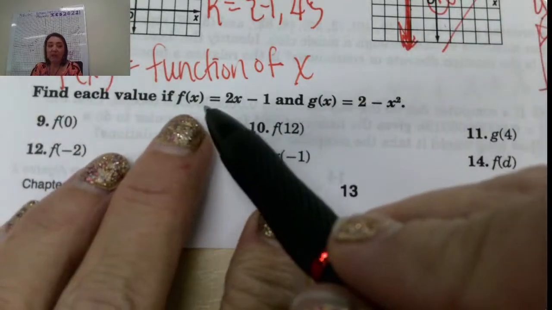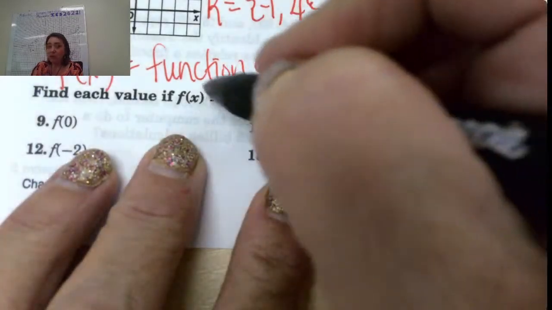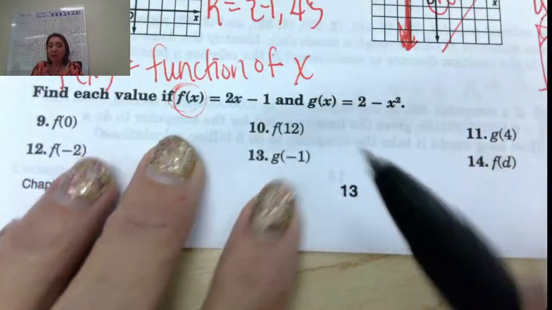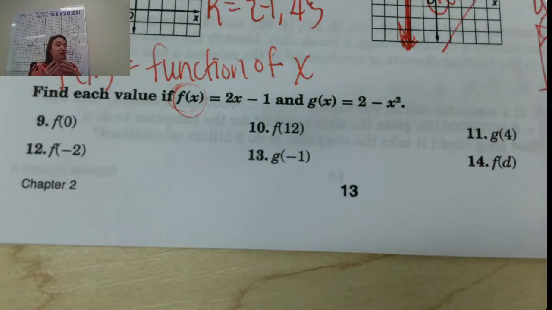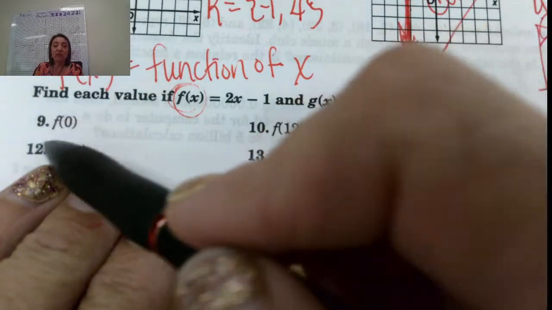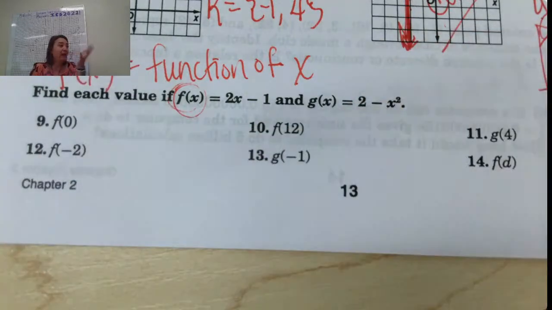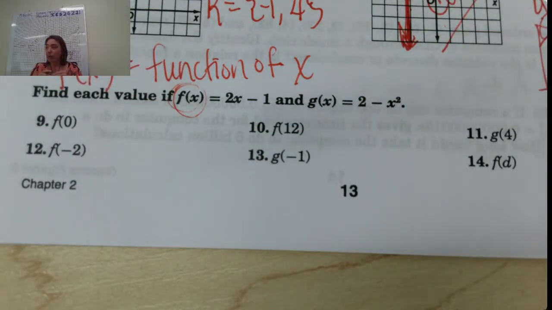So if we have this says function of x equals 2x minus 1. That function of x, we generally think of that as just being a placeholder for y, right? It's a placeholder for a different variable. And if it says function of x equals 2x minus 1, and then you get this business where it says function of 0, then what they're saying right there is, oh, hey, I want you to take 0 and put it in that function where x is, and then do the math and tell me what you get.